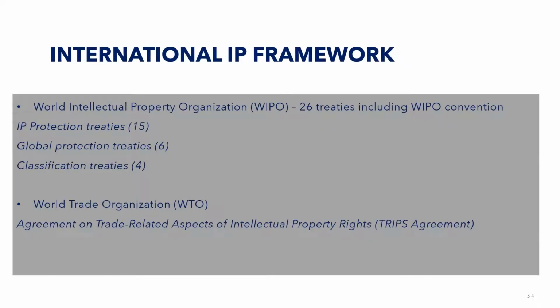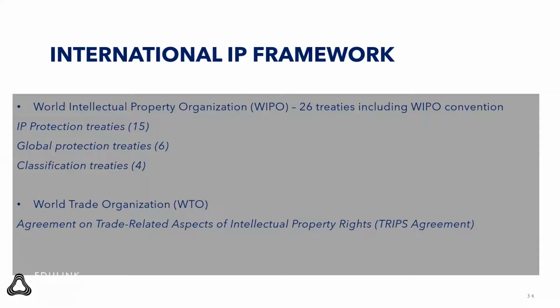So this is the International Intellectual Property Framework. There is the World Intellectual Property Organization, and it has 26 treaties. These are two international frameworks that govern intellectual property globally. As I told you, there are treaties and conventions which governments sign into.